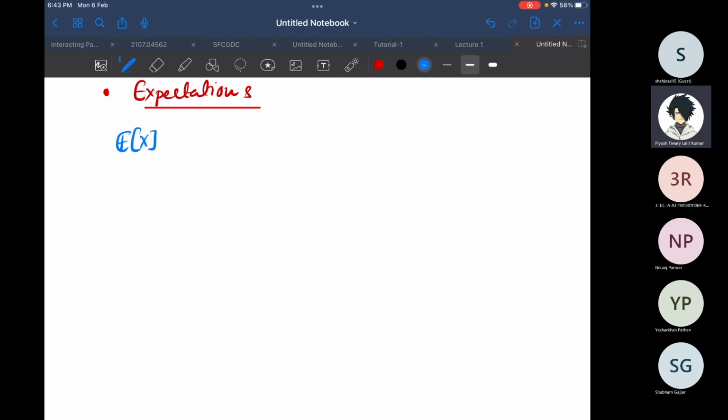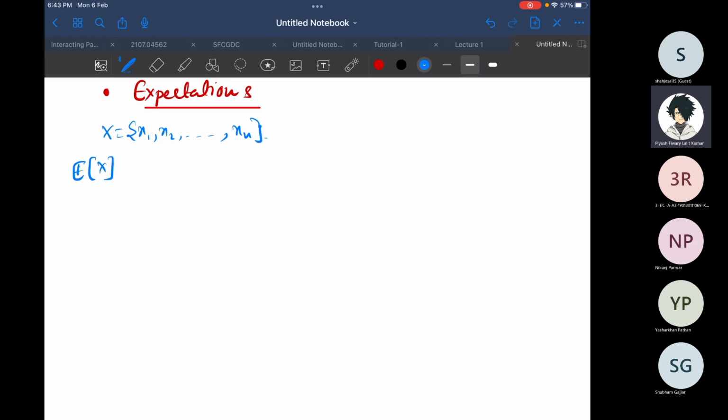If x is a discrete random variable, what do I mean by that? X is something like x1, x2, and so on till xn, and someone says these are the set of all possible outcomes. What is the expectation?